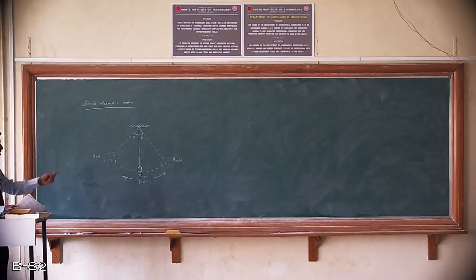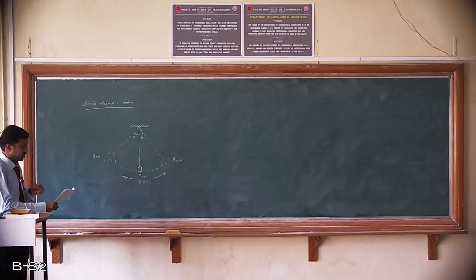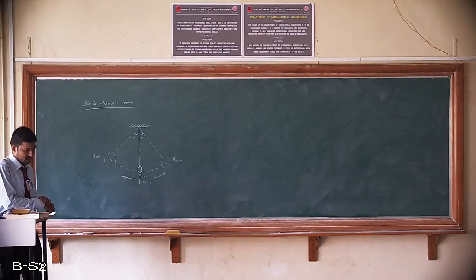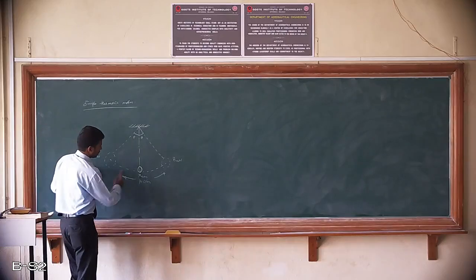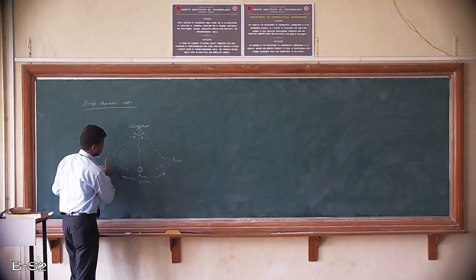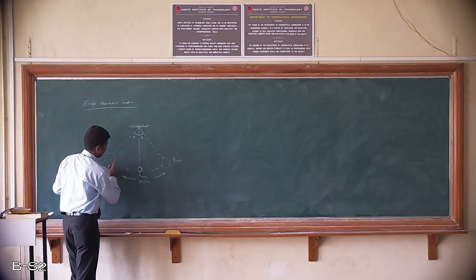Here the motion is always periodic, and its acceleration is always directed towards the mean position. The motion is periodic: it is going to this position and once again coming back, going to this position, coming back after a certain period of time.